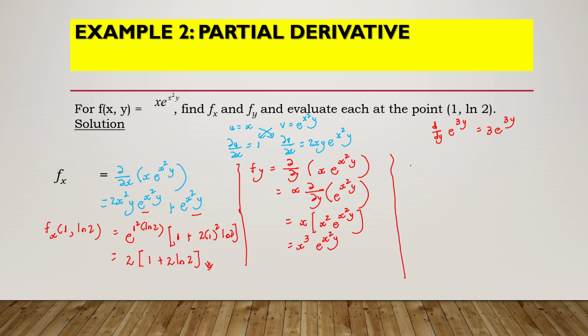Then evaluate it at the point (1, ln 2). So x is 1, 1 cubed, e^(1 squared ln 2). So e^(ln 2) is 2, 1 cubed is 1, and so for fy(1, ln 2), the answer is 2.